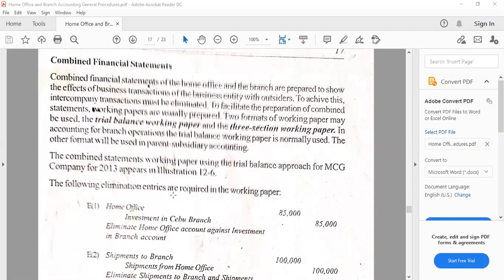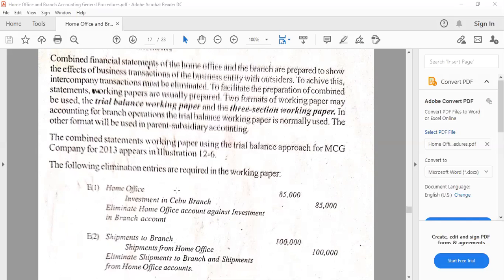For the combined financial statements, we need, of course, to make a worksheet or a working paper for us to be able to eliminate the intercompany or intra-company accounts or simply the reciprocal accounts. So we have again 4: the investment in branch partnered with home office, and the shipments to branch partnered with shipments from home office in the home office's books and the branch books respectively. So what we can do is that to eliminate, we simply place them on the opposite side.